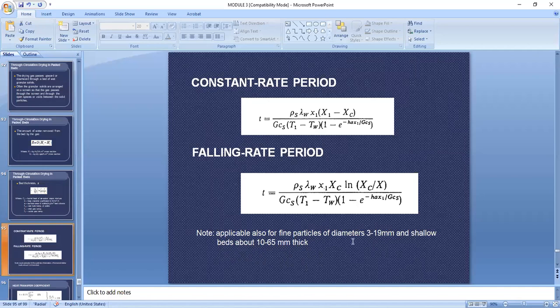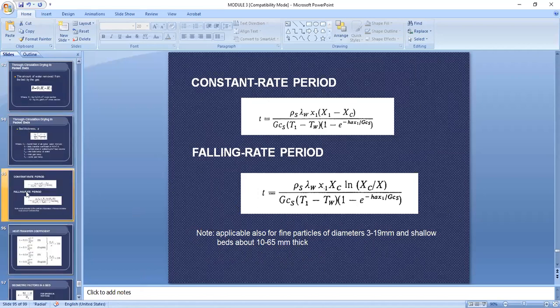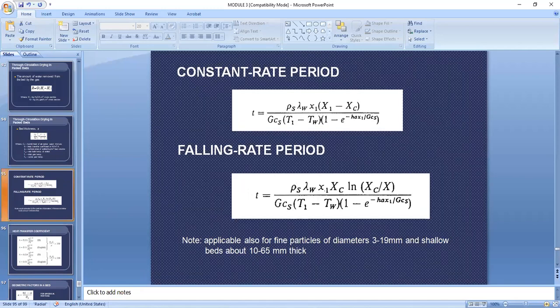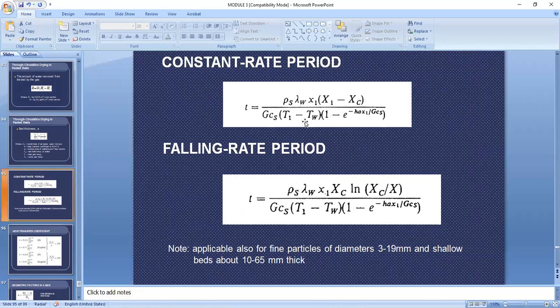If the range of the diameters and the bed thickness is out of range, then this particular formula will not be used anymore. You will also read that this particular formula is empirical in nature.